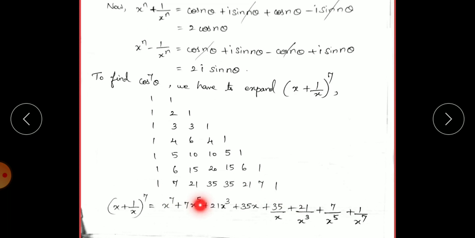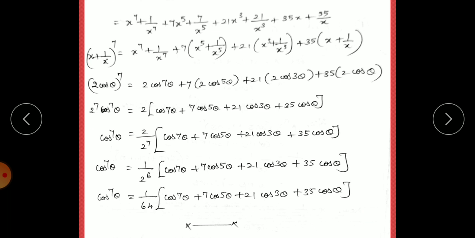You should write it in this way only. That is odd powers: 7, 5, 3, then 1, then again 1 by x, 1 by x cube, 1 by x power 5 and 1 by x power 7. So we have written the coefficients like this. We have to write this way only. Okay, this is the Pascal's triangle.